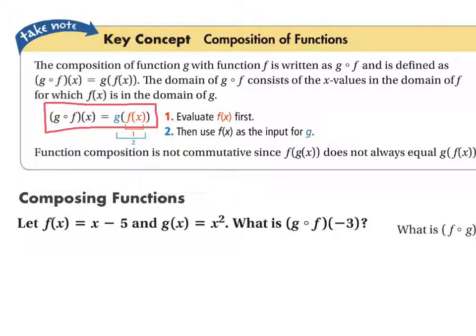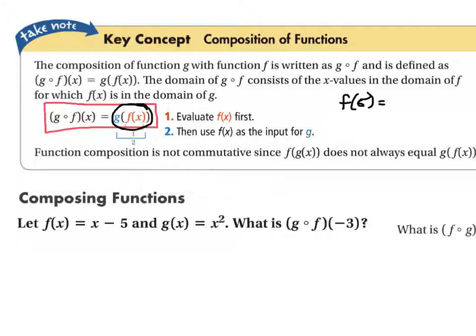If I have f of 5, that means I take my f of x function and I substitute 5 into it, right? Okay. Well, therefore, if I have g of f of x, it literally means I'm taking the f of x function and I'm substituting it in to the g of x function. Okay? That's what we're doing there. That's what it's talking about.